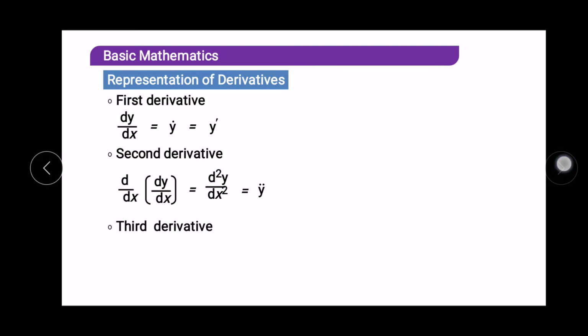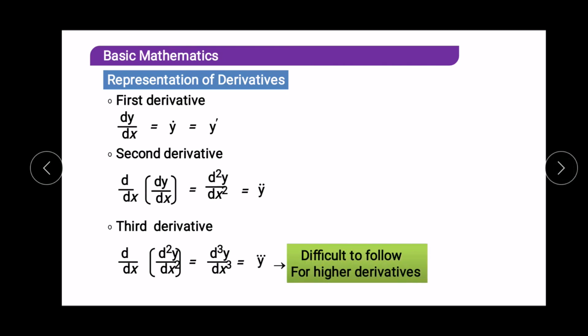For the third derivative, we take the derivative of the second order derivative, and we get the third order derivative. We denote it by d cube y by dx cube, and so on. This kind of notation, y triple dot, is not possible to follow for higher order derivatives. We cannot put dots n number of times. So we represent the nth derivative by d n y upon dx raised to n.